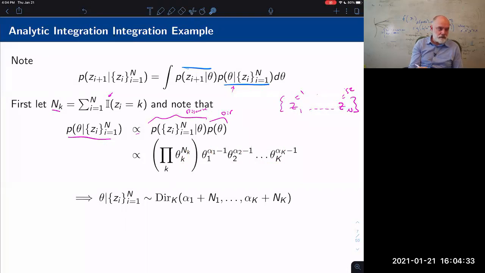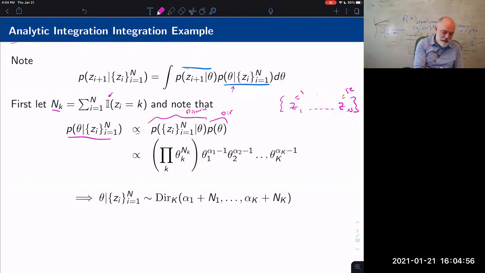And if you see that, then you recognize that that is the form of an unnormalized Dirichlet distribution, right? That makes sense? So voila, and this is where this analytic integration happens.